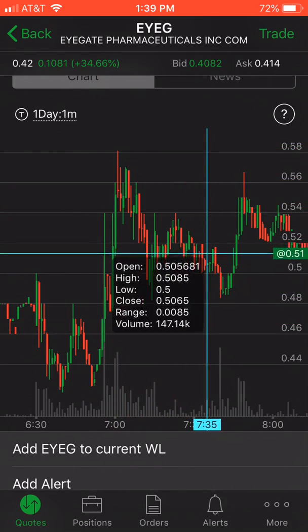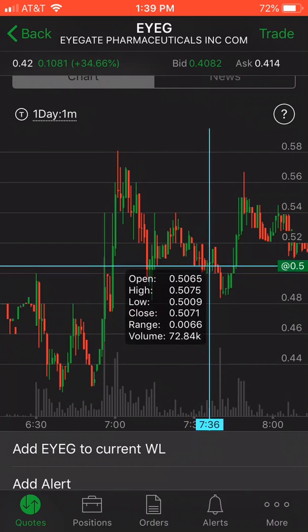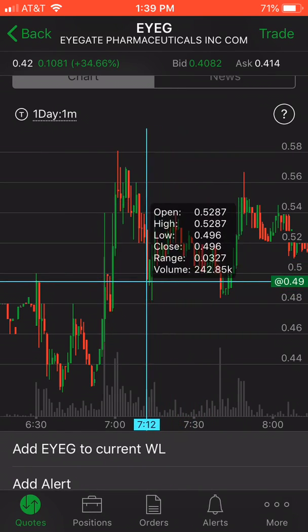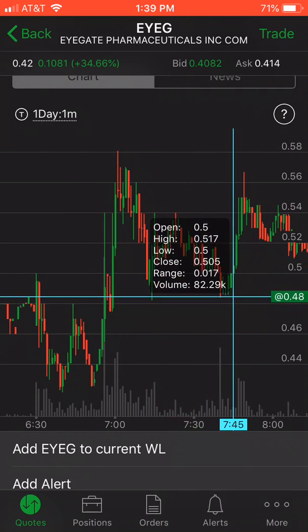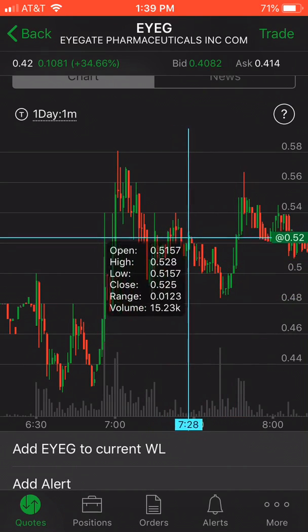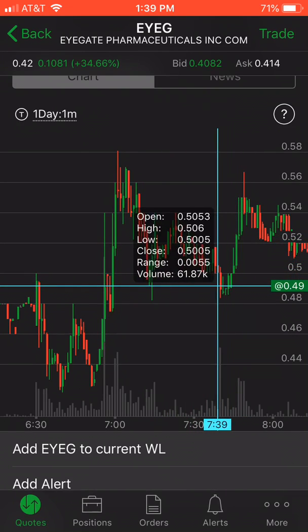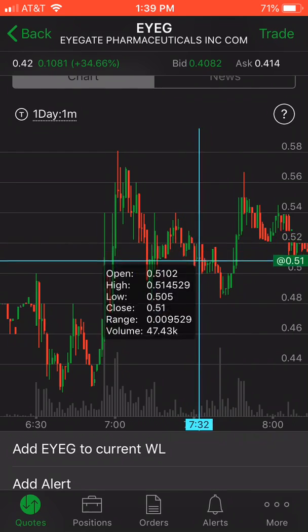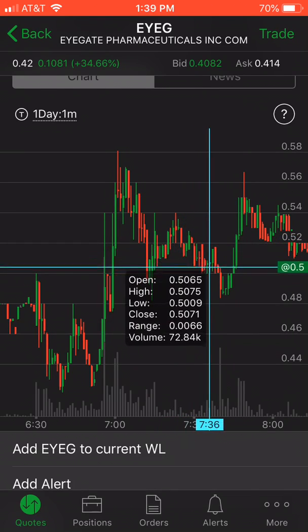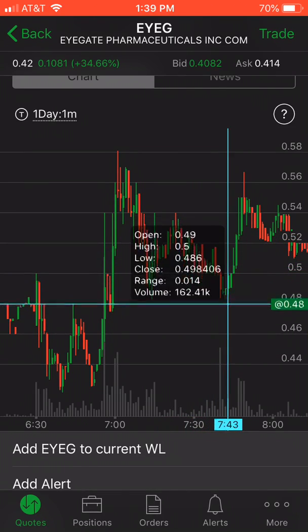And then when I saw it at first, it was still somewhere in here, and I was saying, okay, I'm going to look for a double bottom. And then I was looking at other trades because I didn't feel comfortable trading it, since I wasn't sure if it was going to keep going lower and lower.